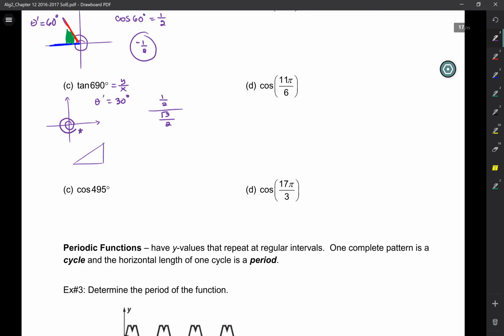If 30 degrees faces the small side, then that y, the vertical, is 1/2 over the x, which is root 3 over 2. When you have the same denominator, you can just make them go away. So this is 1 over root 3, which is root 3 over 3. Now, in this quadrant, is tangent positive or negative? Negative. So negative root 3 over 3.